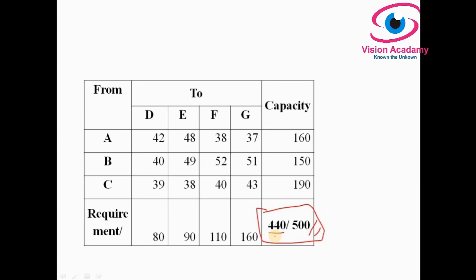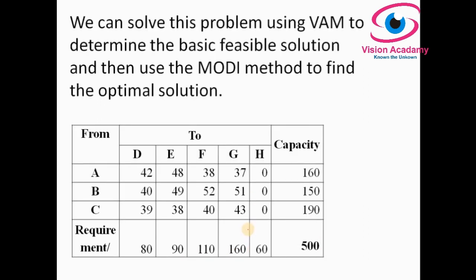I have already explained what an unbalanced transportation problem is: the total capacity of all sources and the total requirement, meaning demand, are not equal. Let me see how to tackle this problem.